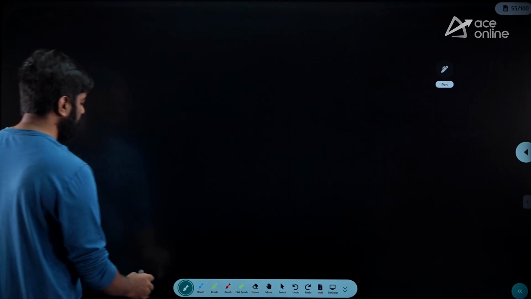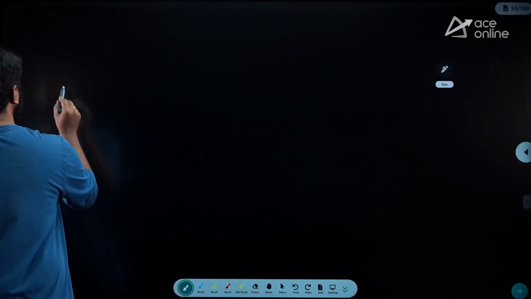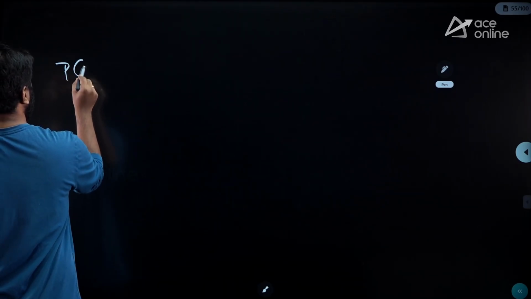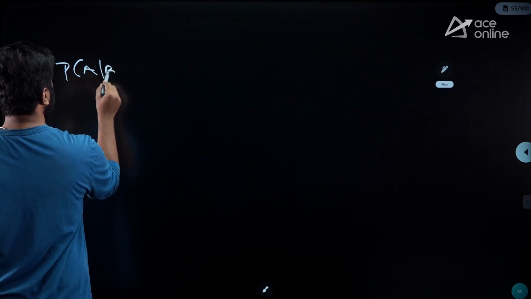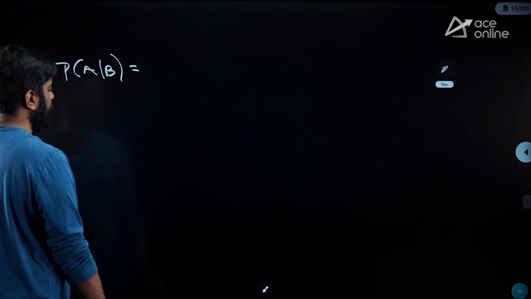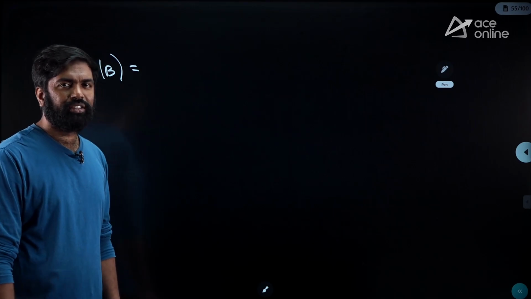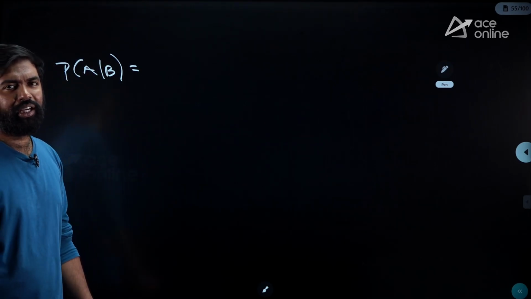These are really important. So what is conditional probability? In every class I ask you this question, what question do I ask? How do you read this probability?